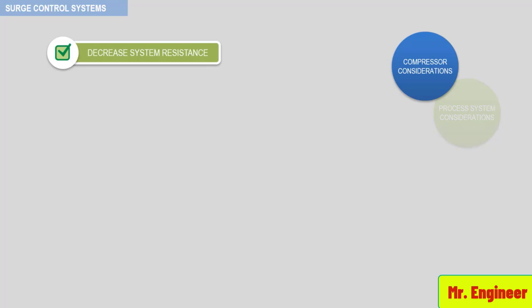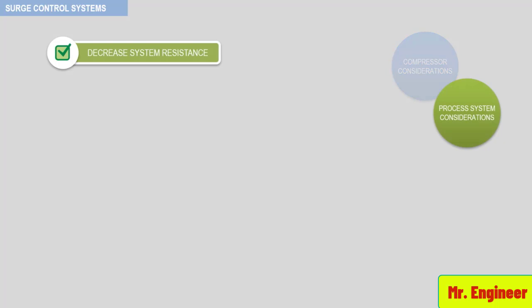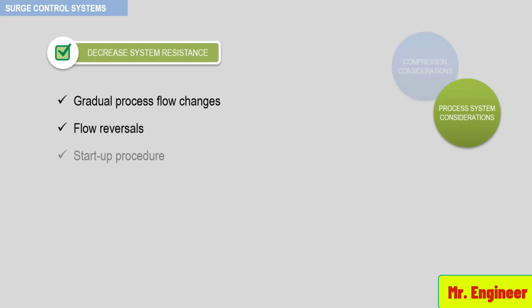Compressor considerations include fast system response, control line automatic adjustment, ability to adjust control line to gas density and operating point changes, recycle stream cooling, and check valve location. Process system considerations include gradual process flow changes, flow reversals, startup procedure, and shutdown procedure.